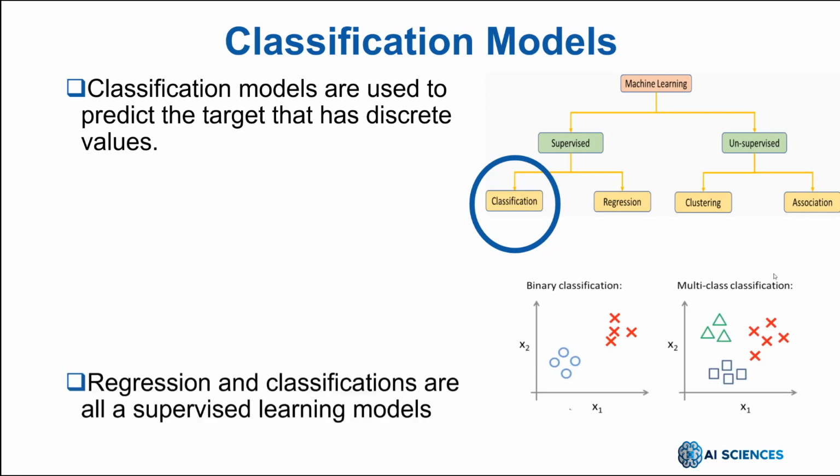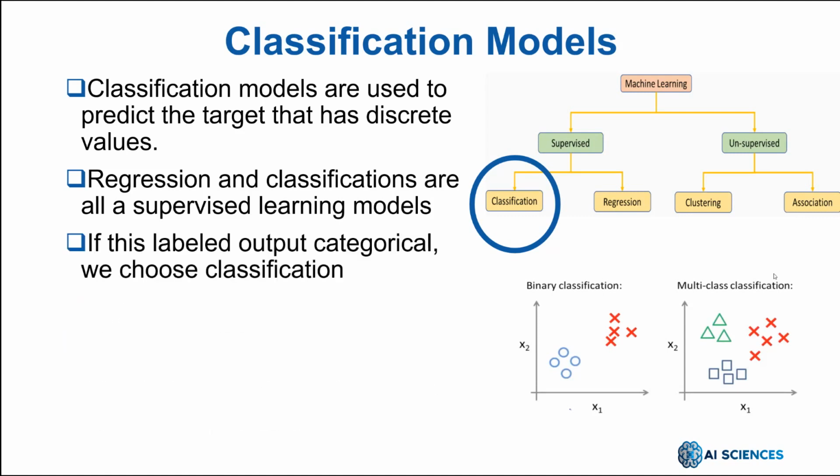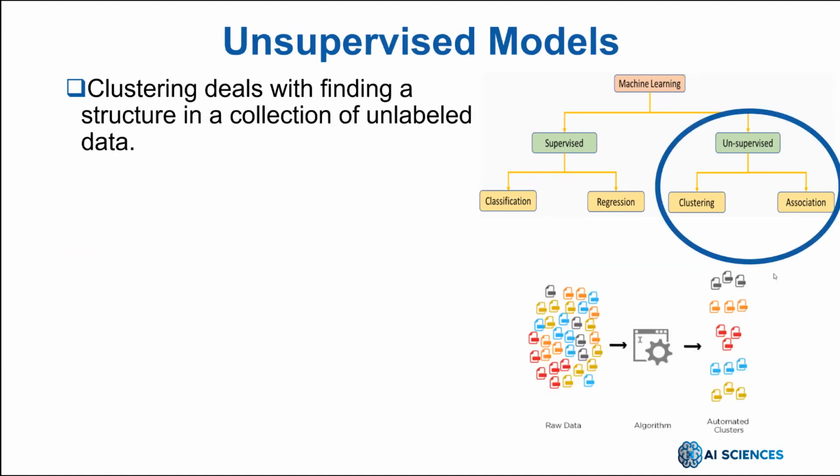For this kind of use, machine learning models collect insights from the historical labeled data and use these insights to predict the target class. Okay, listen up, don't forget this. Regression and classifications are all supervised learning models because we have a labeled output, which we need to predict. If this labeled output is continuous, we use regression, and if it's categorical, we use classification.